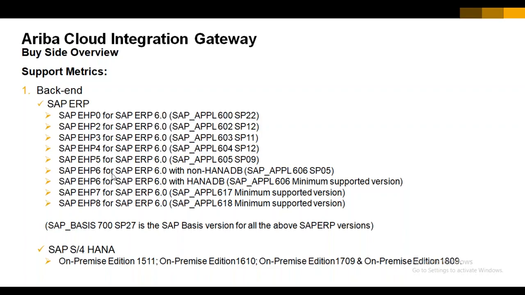So what we usually do is conduct a system architectural review with the customer. Your Ariba team, or even you, if you have implemented earlier, will have a document called the system architectural review.